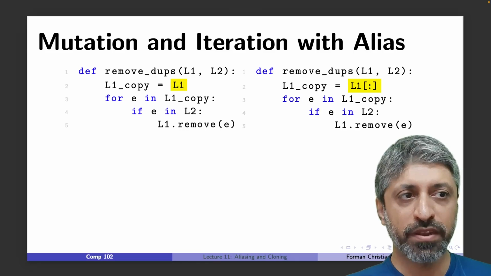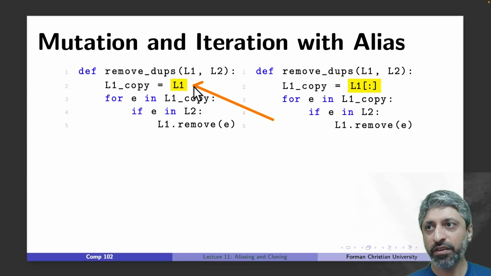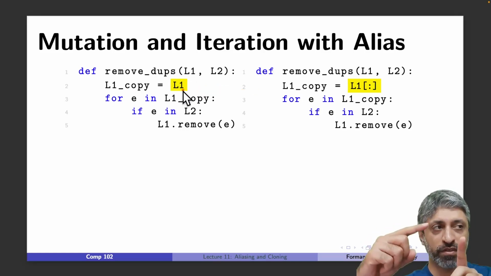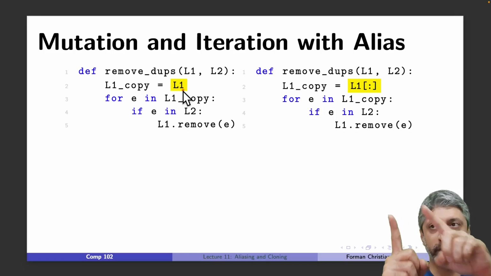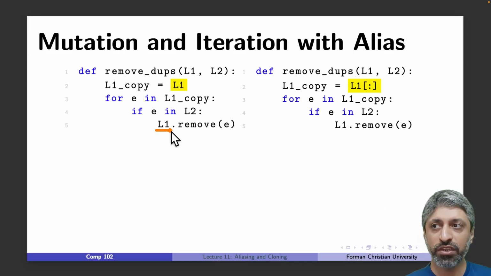So यहाँ पे आप देख रहे हैं कि यहाँ पे बेसिकली एक तरफ दो कोड्स हैं, right. एक तरफ आपने सिर्फ और सिर्फ एक असाइनमेंट स्टेटमेंट से उसका alias बनाया. This is not a copy, this is an alias. So L1 copy और L1 they are pointing to exactly the same object. और जब आप L1 की कॉपी को change करेंगे या L1 को change करेंगे original, then it's going to change the L1 copy here.